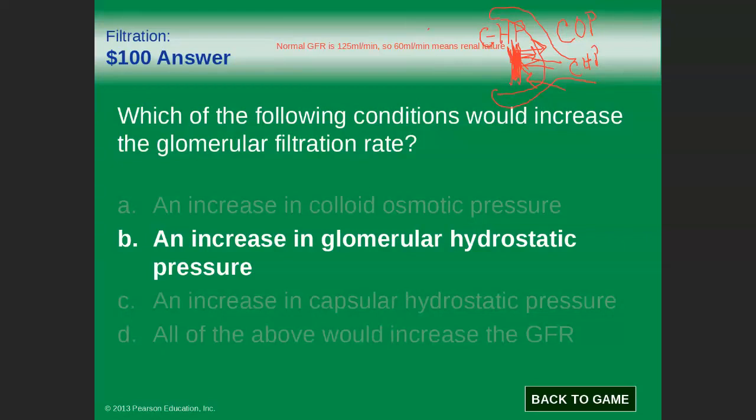Uremia develops. Toxic metabolites like ammonia. And eventually, you're going to need a kidney transplant or dialysis, or you're going to die.